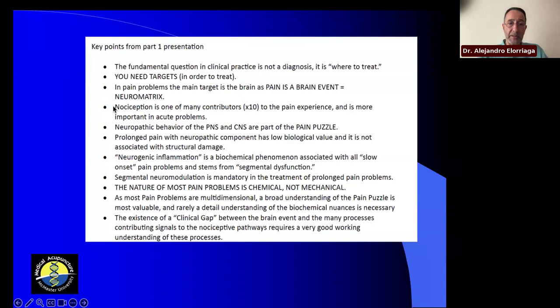So we established as well that there are many contributors to the pain experience. The main one, obviously, is peripheral nociception, but it's not the only one, and it is not the main one in lasting pain problems. In acute problems, yes, peripheral nociception is the main contributing factor, but usually neuropathic behavior of some sort, in both the peripheral nervous system and the central nervous system, are important parts of this pain puzzle that we use as one of our analytical tools to figure out what is the nature of what we are dealing with.